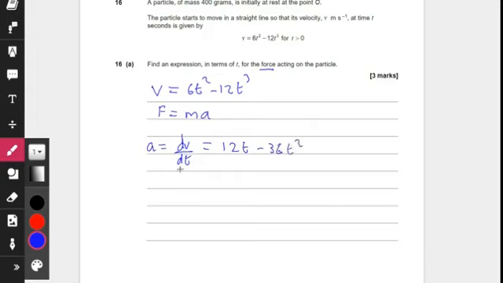That's our acceleration. We need to multiply that by the mass. Remember, the mass is given to us in grams, so we need to change that to 0.4 kilograms. So force equals 0.4 multiplied by 12t minus 36t squared, giving us 4.8t minus 14.4t squared. That's the expression for the force acting on the particle, because it was mass times acceleration.